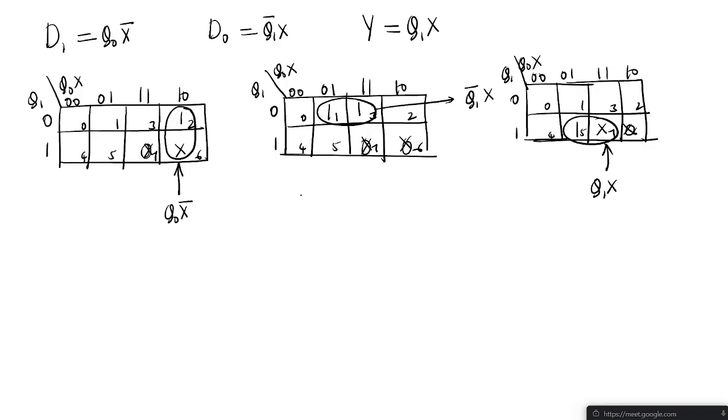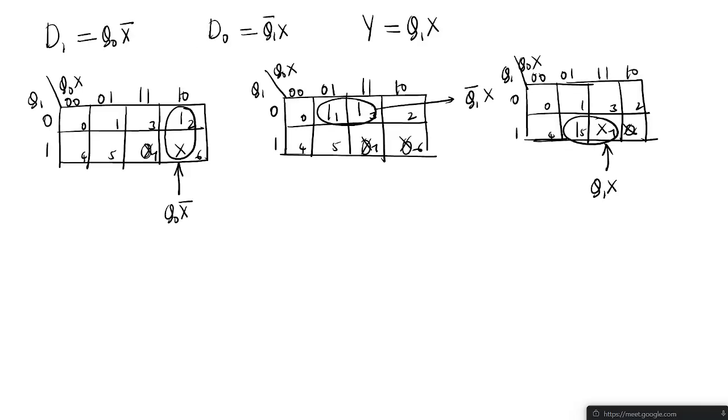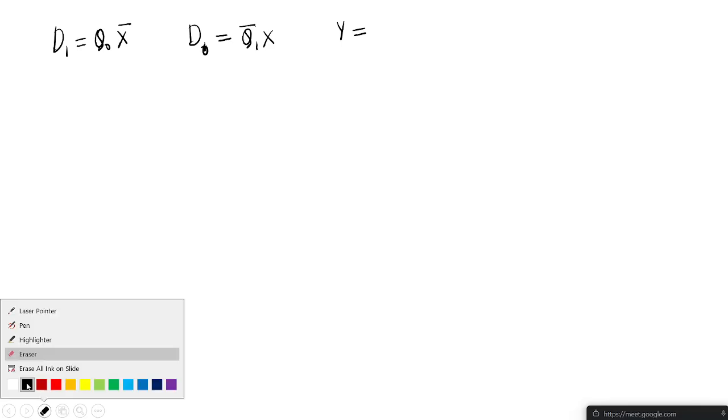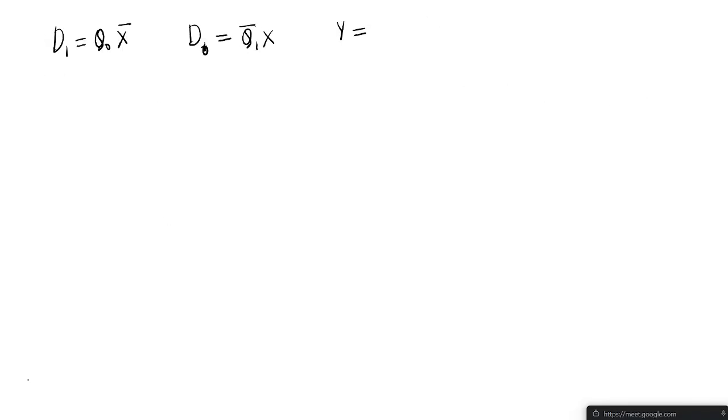So what is D1, D naught, and Y? D1 is Q naught X bar and Q1 bar X. D naught is Q1 bar X. Y is Q1X.